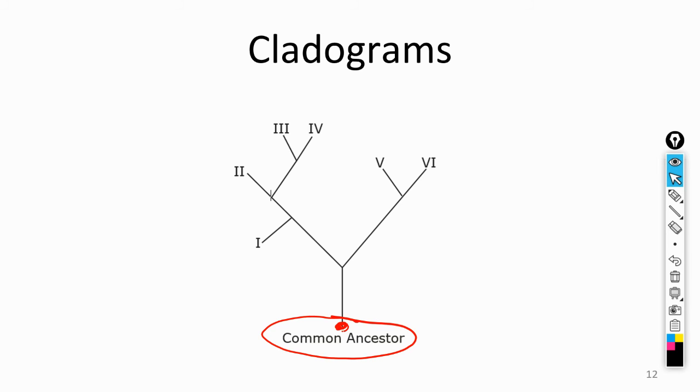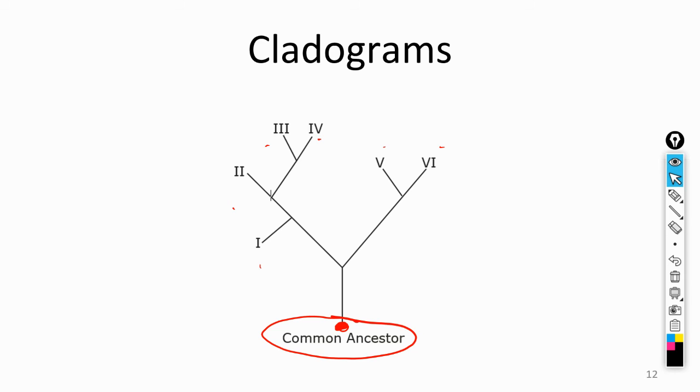So we would say whatever this organism used to be right here is the common ancestor for individual 1 and 2 and 3 and 4 and 5 and 6. And so what we might have to do is determine which two organisms are the most closely related if they gave us several pairs of organisms.